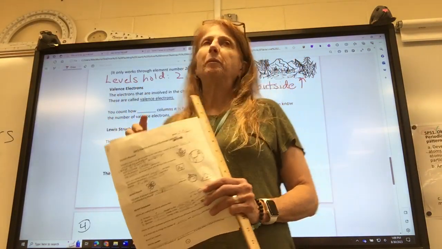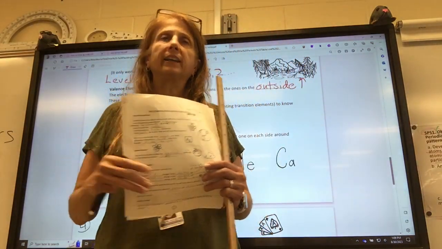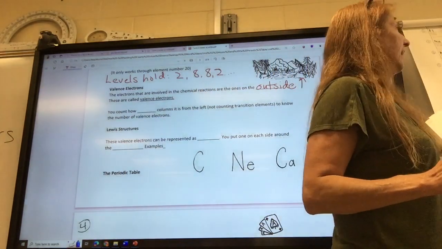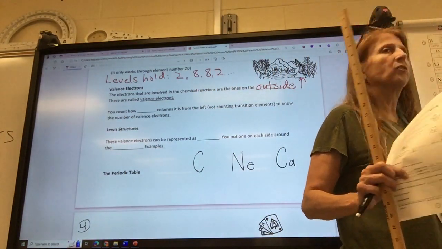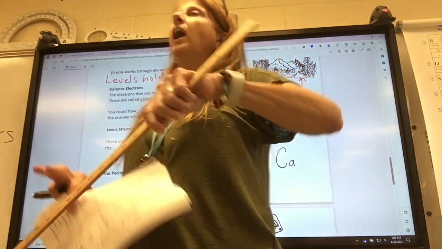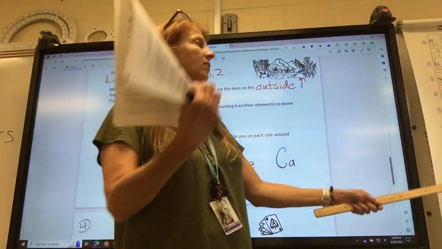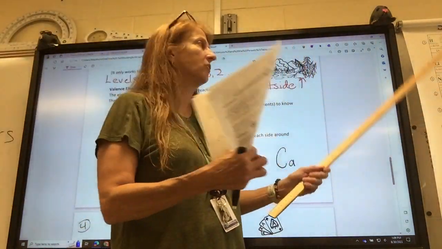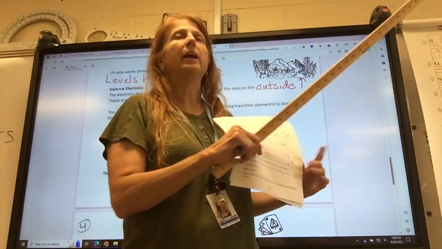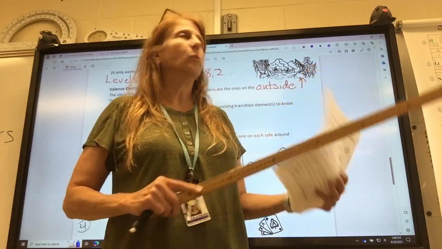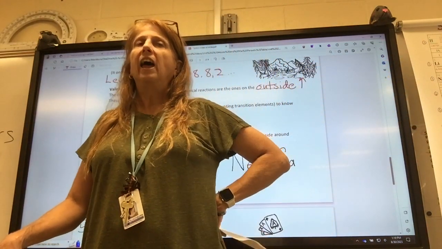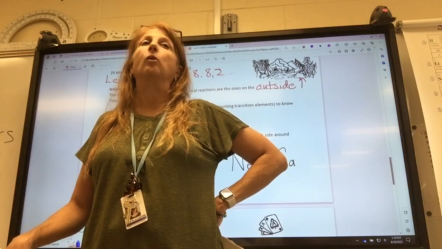Now you can remember how the periodic table helps us understand how to classify matter. It tells us characteristics of the matter. And the reason why it has its shape, you notice it's not shaped in a perfect square or list, is that the shape tells us about the atoms. It tells us how many valence electrons it has on the outside.